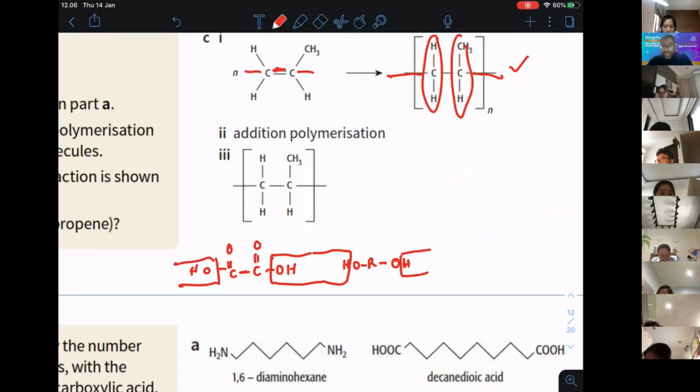This is what we call polyester. Now, this is polyester, and I can say that this is a condensation reaction because they are removing water. Every single time one linkage is formed, they will give you water. So this is an example of condensation polymerization.